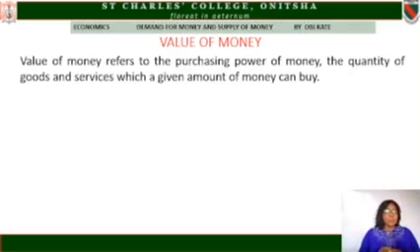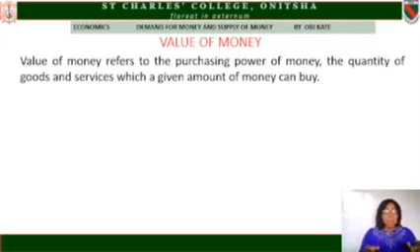For example, in the past 5 years, one could use 10,000 naira or even less to get a bag of rice. But today, 10,000 naira cannot buy a bag of rice for you. So what it implies is that in present time, the value of money is, sorry, low.